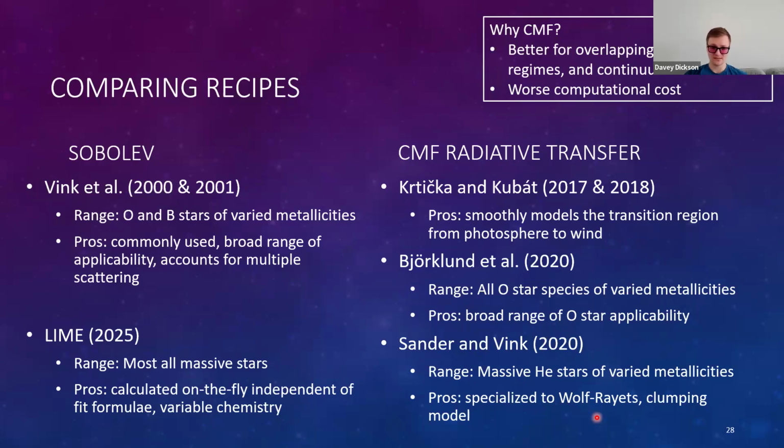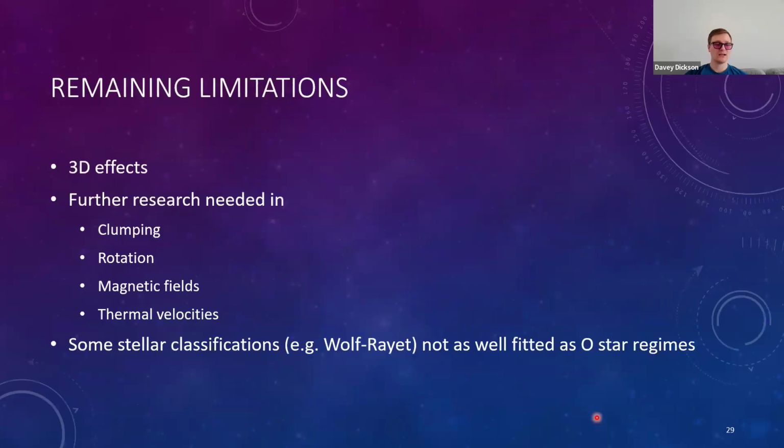Looking from the present to the future, we do have some remaining things to work on in this field. The 3D effects, so for example, an over density or under density in some particular region, called clumping usually, but also the difference in wind driving from the polar region versus the ecliptic.